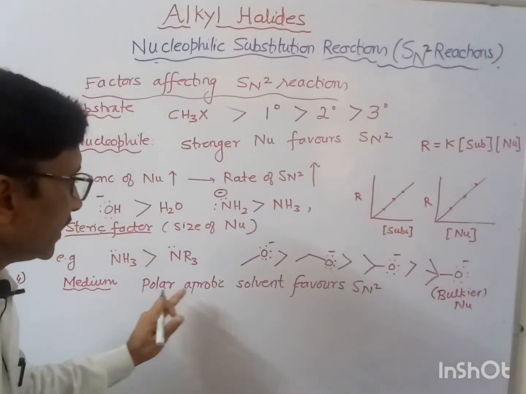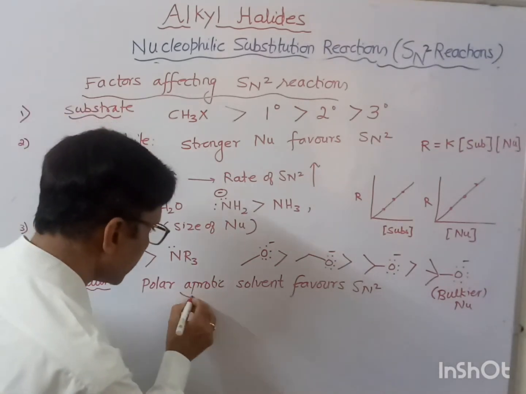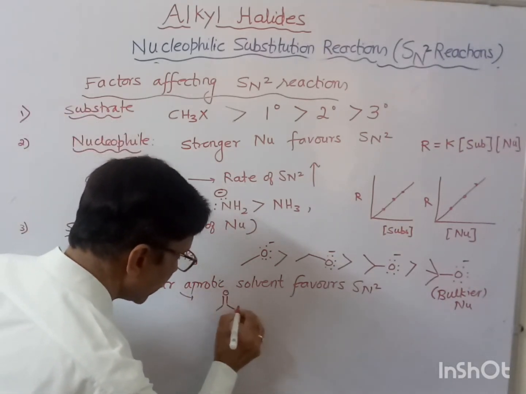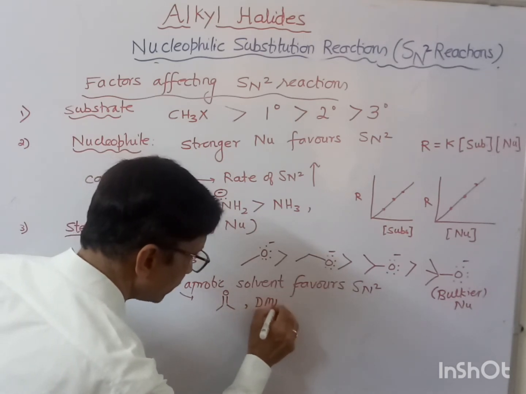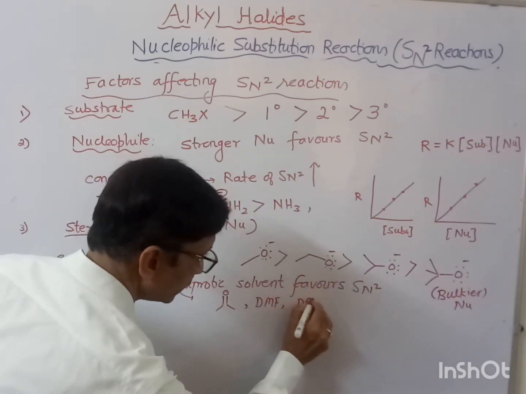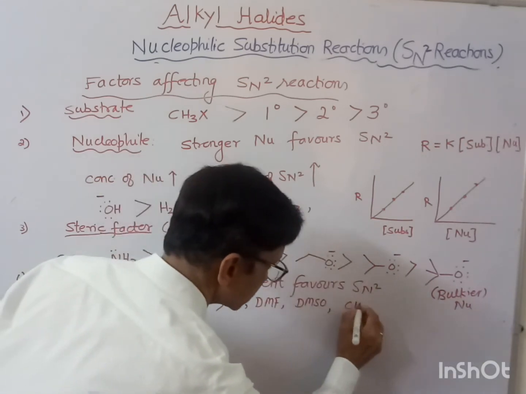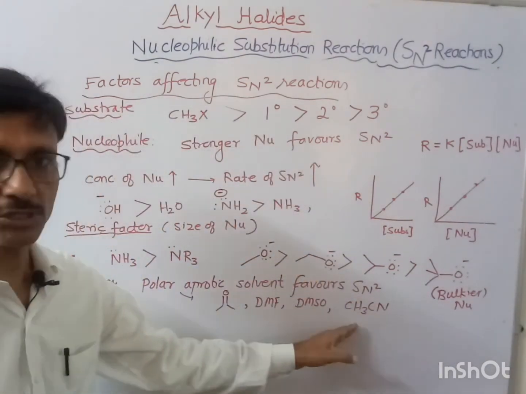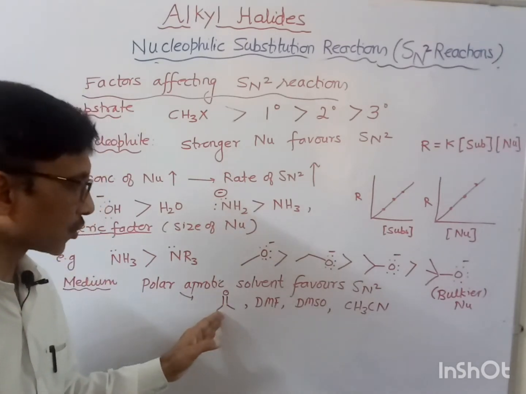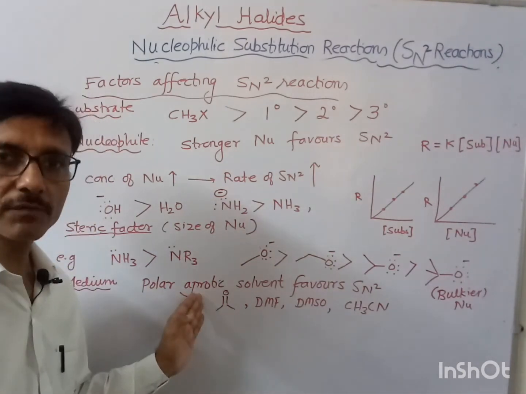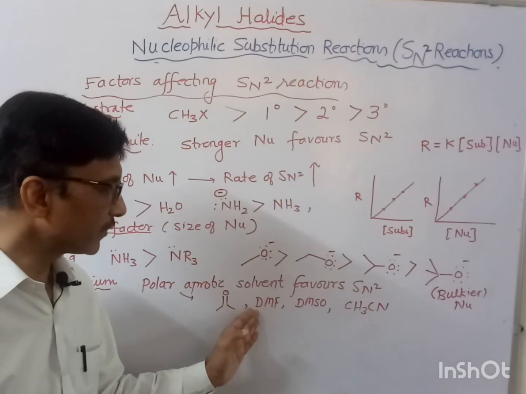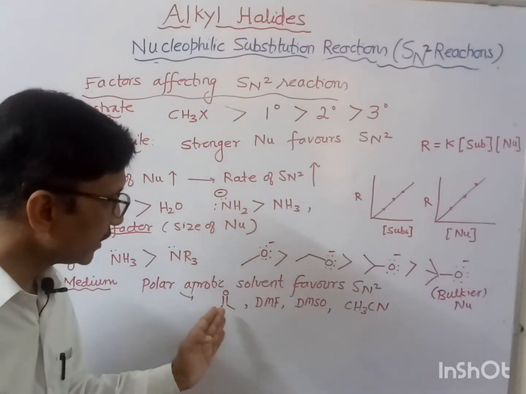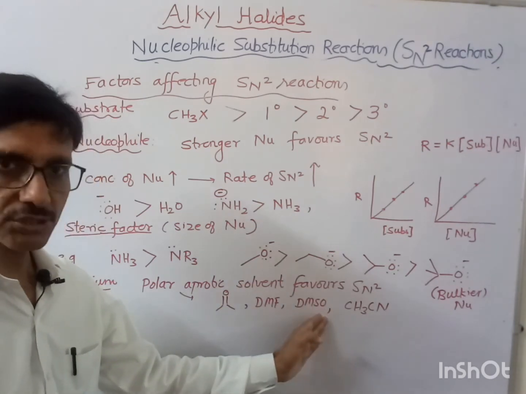Polar aprotic solvents, for example acetone, DMF, DMSO or acetonitrile, do not form hydrogen bonds. That's why they favor the SN2 reaction.